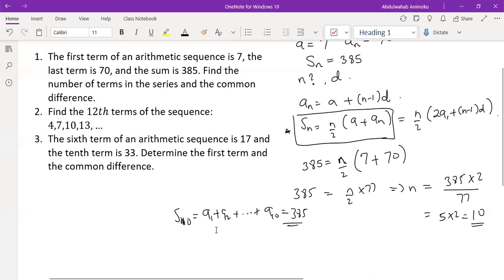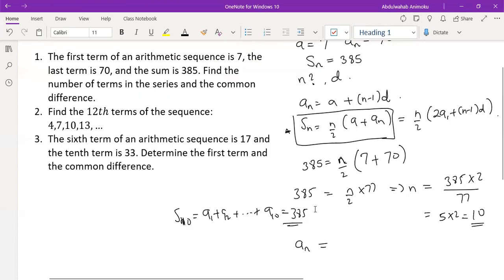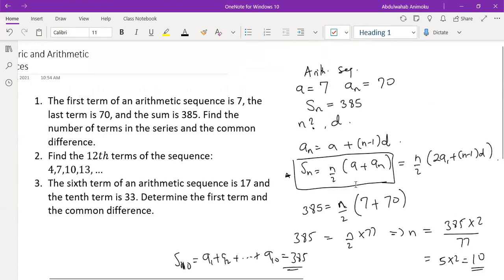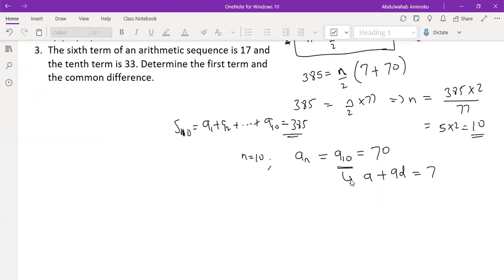Now, we have the number of terms. All we need now is the common difference, and that is quite easy using the formula for an. We know that the nth term, in this case the 10th term, is equal to 70. So a10 is a plus 9d, equal to 70.